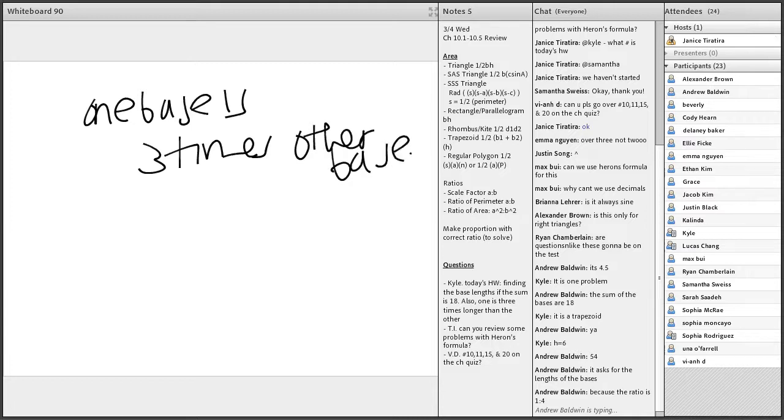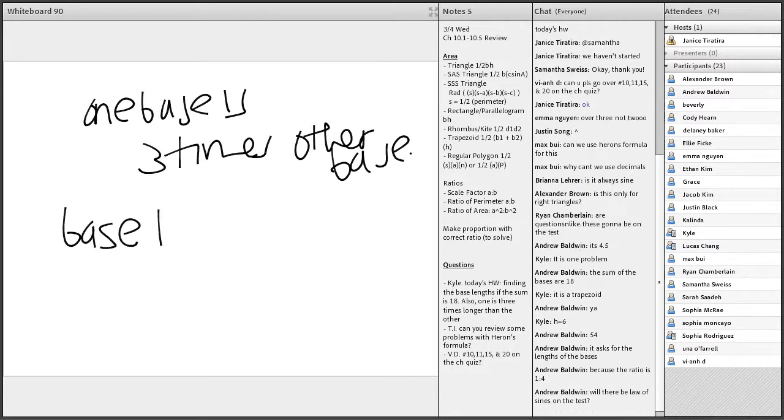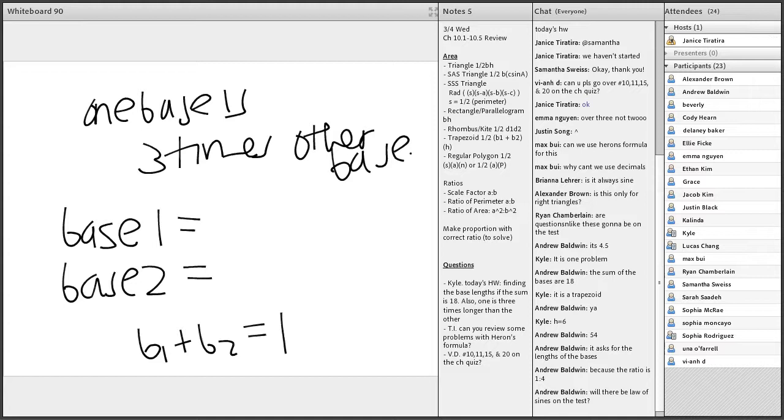So I'm doing an extension. This is not the homework. Okay, so we know the sum was 18. And now my next question is, let's find one base length. So is it 9 and 9? No.